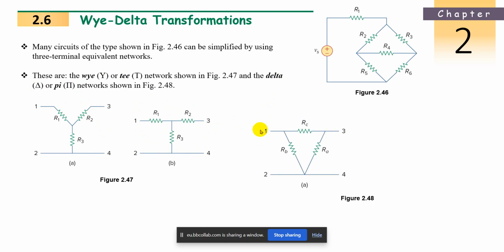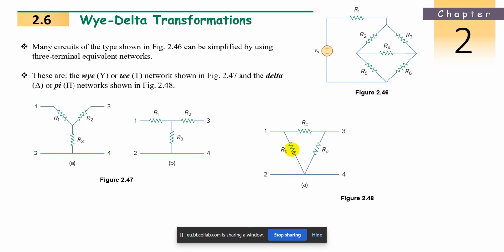Now coming to the other type of network, delta or pi. Between the same nodes 1, 2, 3 and 4, we have a resistance RC on the horizontal side, RB vertically at node 1, and RA vertically at node 3. If this is the topology of the network, it looks like a delta. Now why do we call it pi also?